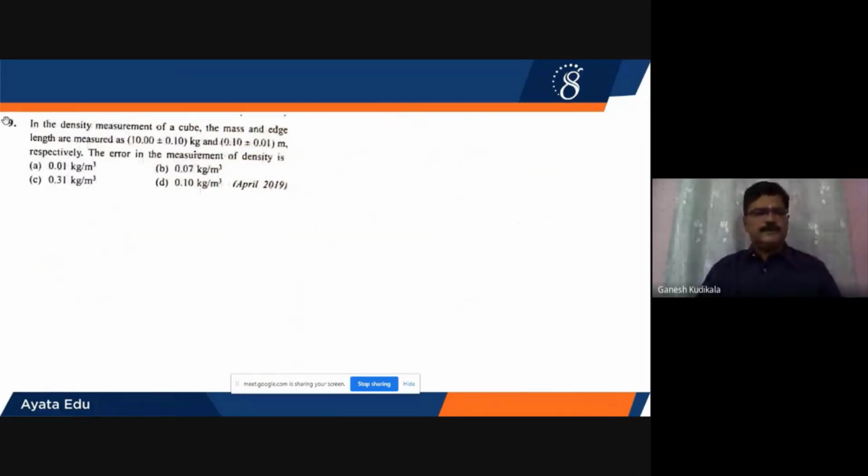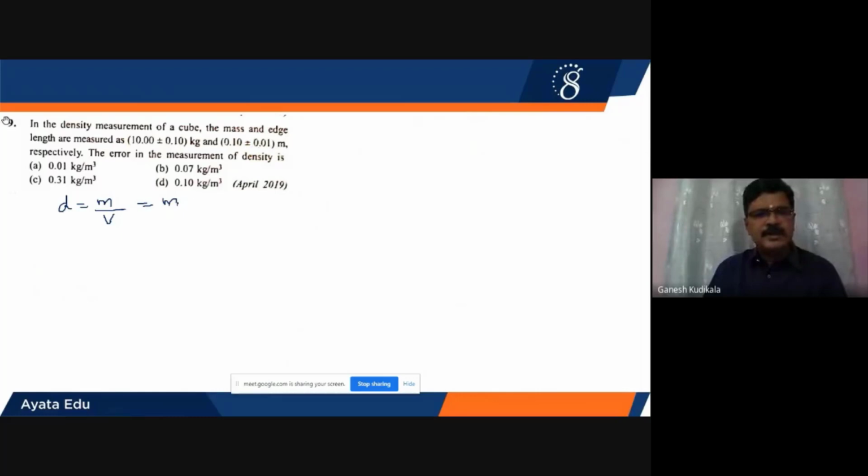Next one. In the density measurement of a cube, the mass and edge lengths of a cube are measured as given here. The question asks for the error in the measurement of density. As we know, density is given by the formula mass by volume.